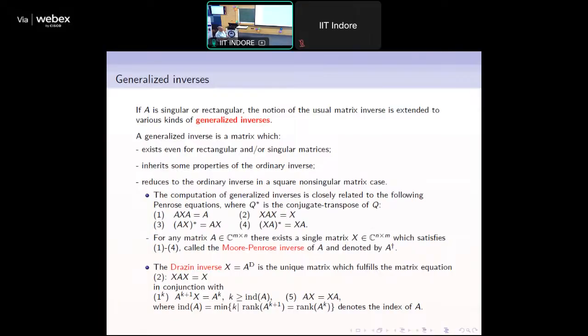There are many classes of generalized inverses, and I will mention here three properties which are desirable in defining generalized inverses. First property is that G inverse, shortly, generalized inverse or G inverse, exists even for rectangular and singular matrices.